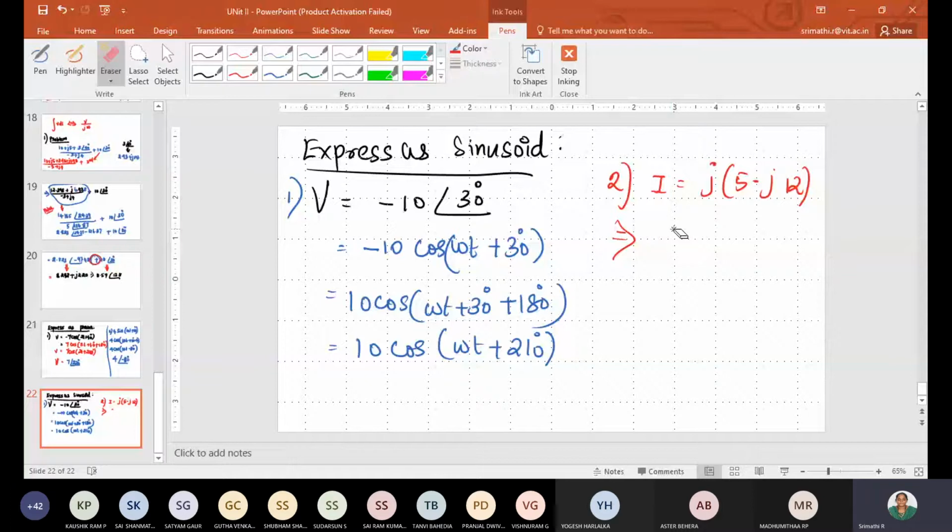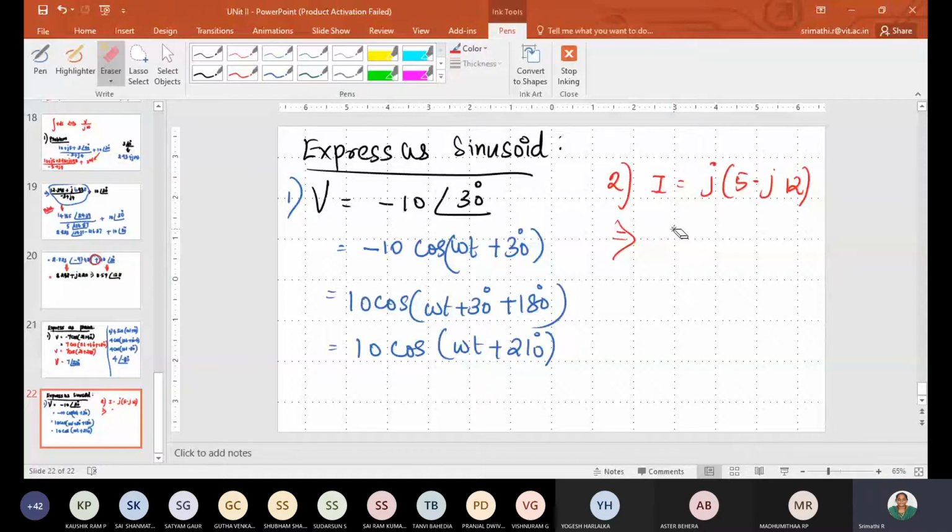Enter into the calculator, polar off, 0 comma 1 and 5 comma minus 12. Tell me the answers quickly. If it is plus j, it will be 1 angle 90. Because multiplication has to be done in polar form. And then what is 5 minus j12?